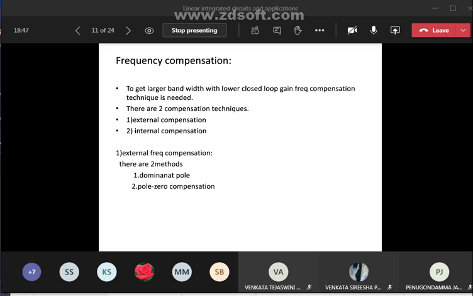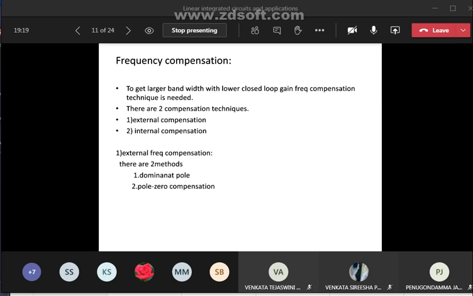Here the phase shift introduced by the system is phi equals minus tan inverse F by F1 minus tan inverse F by F2 minus tan inverse F by F3.